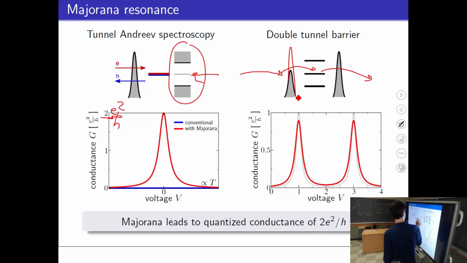Now, why does this apply here? Well, it is because when you tunnel in with an electron and go back with a hole, it is kind of like tunneling through the same barrier twice. So this will be the electron process, this will be the hole process, but the barrier is the same barrier both times. It's the same one single barrier.